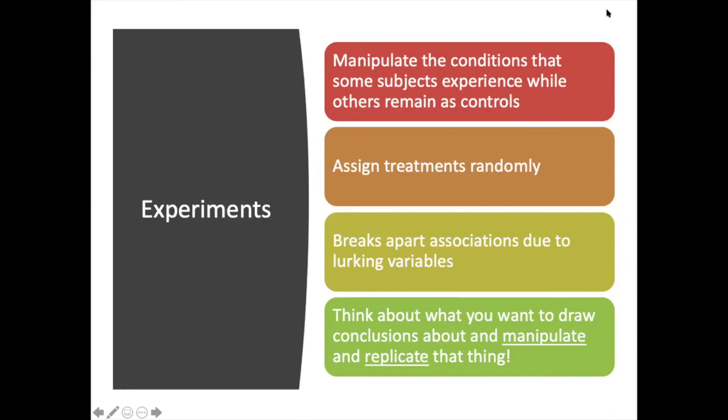In an experiment like this, it's important that we assign our treatments randomly so that each subject has the same probability of appearing in each of our different treatment groups. And if we do this, we can break apart any associations between our hypothesized explanatory variable and our response variable that might be caused by these unmeasured lurking variables.